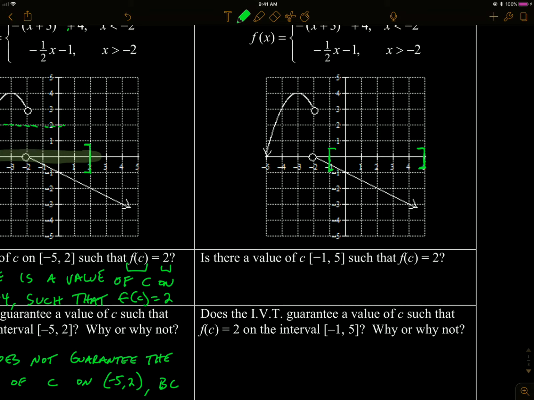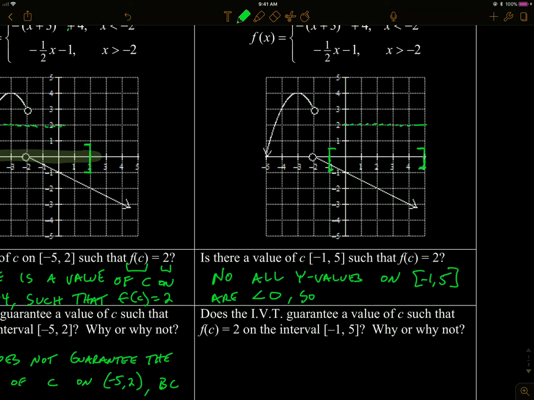Such that c has a y value of 2. So just looking at the graph, the answer is no. I'll say all the y values on that interval are negative, so I'll say they're less than 0.